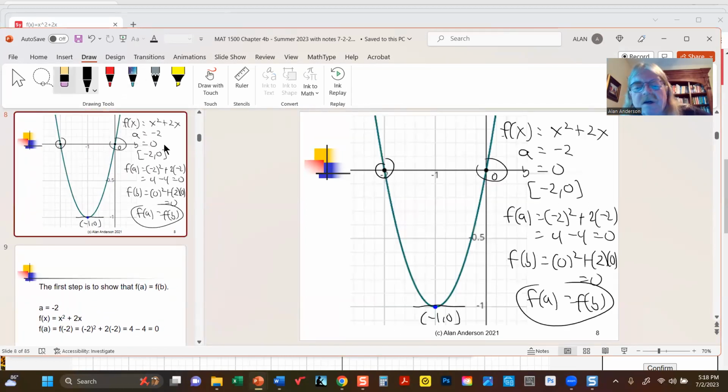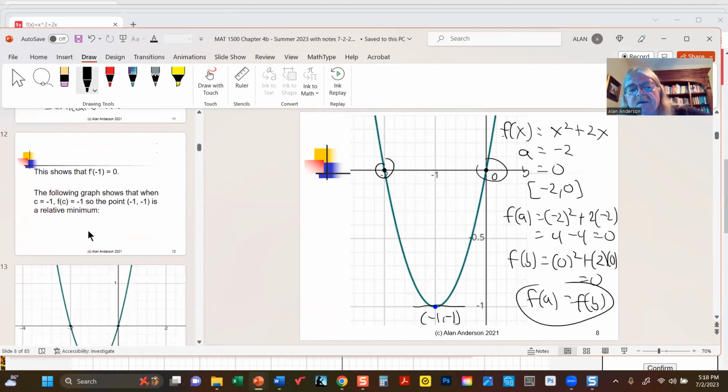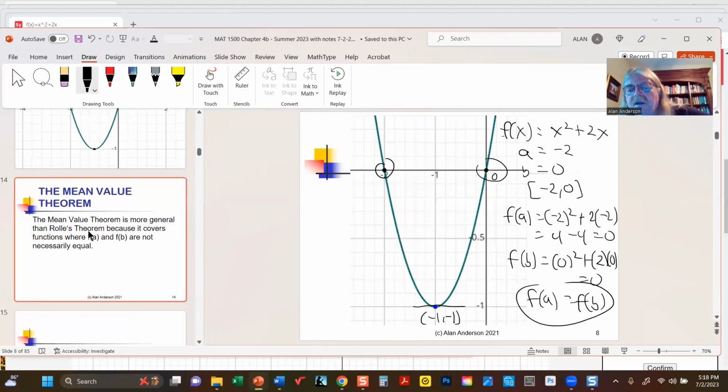Oops, I labeled it incorrectly. Okay, so that's our extreme point, which could be a maximum or a minimum, although you can clearly see from the graph that it's a minimum. And in fact, over that interval, it is a global minimum.